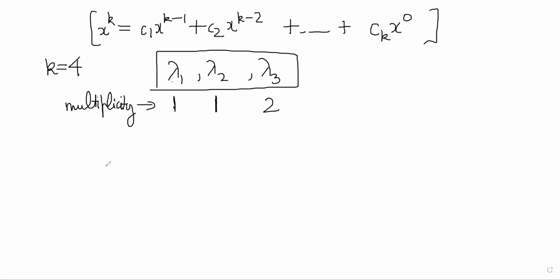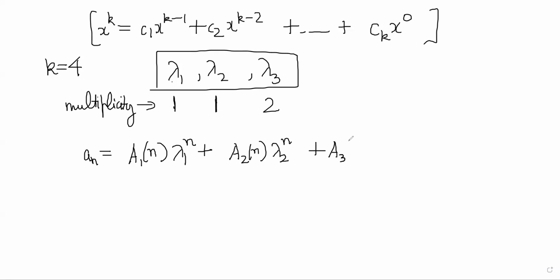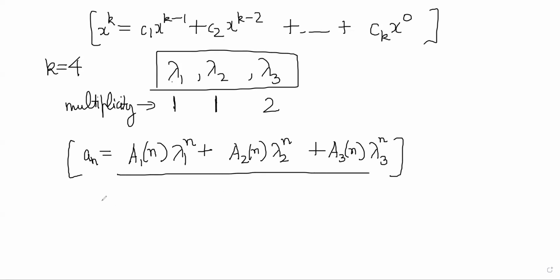In this case, I will say my an will be a1n lambda 1 power n plus a2n lambda 2 power n plus a3n lambda 3 power n. And now I have to define my a1n, a2n and a3n, right? So my a1n, the multiplicity of lambda 1 is simply 1.